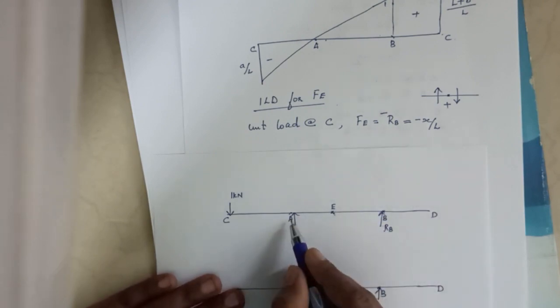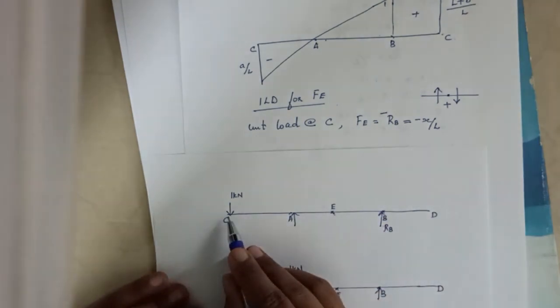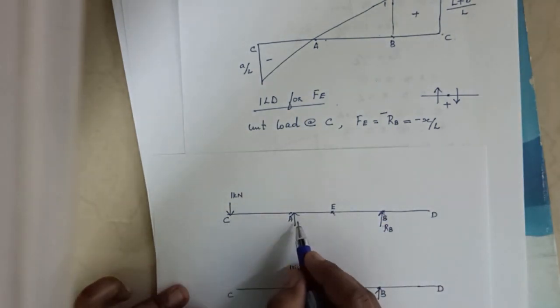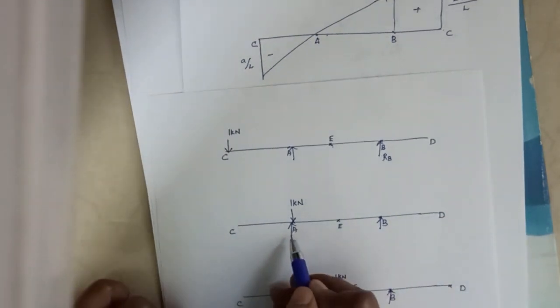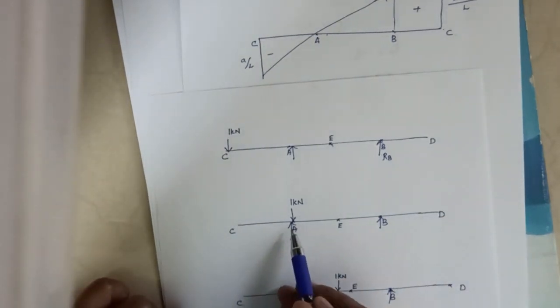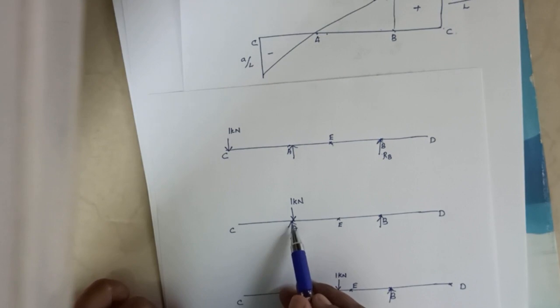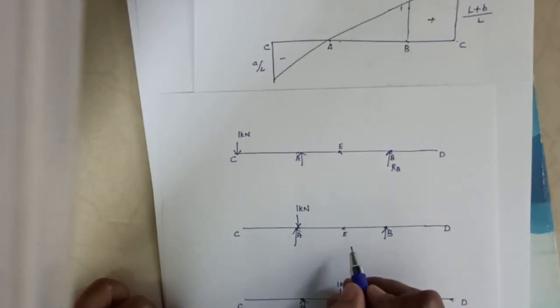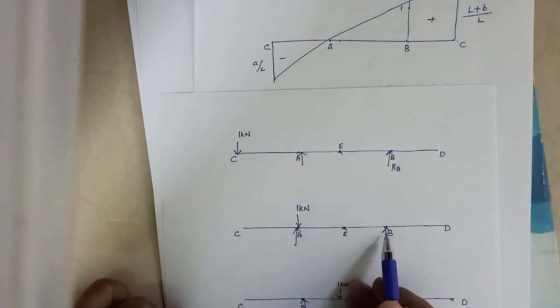Then next condition, move this unit load from C to A. So the next position will be like this, unit load at A. Therefore, the shear force will be again from the right side.